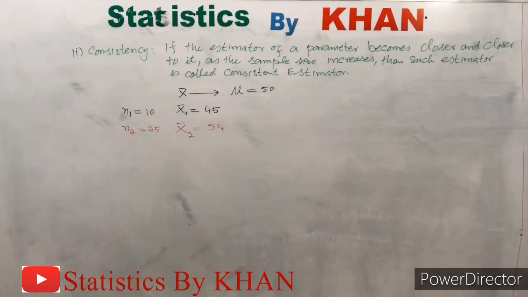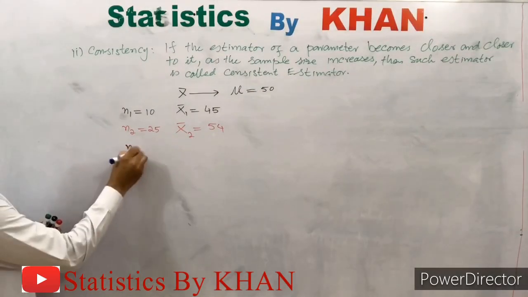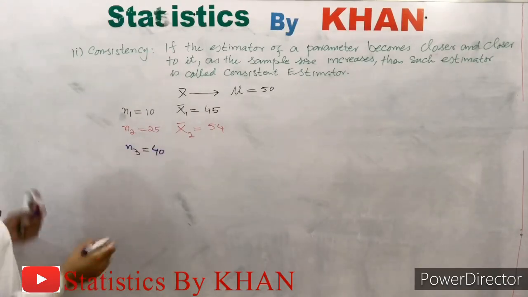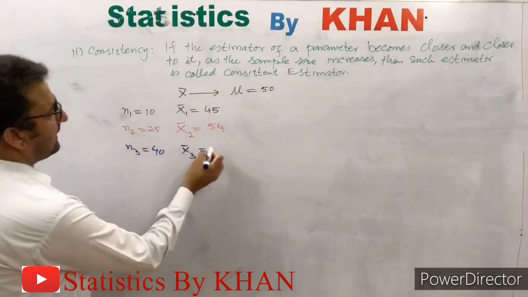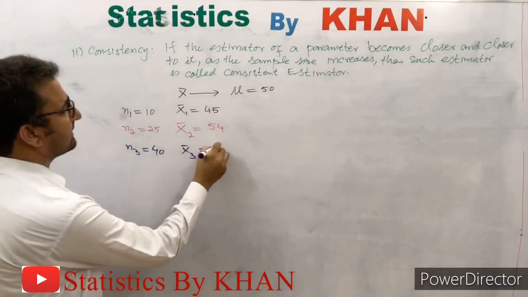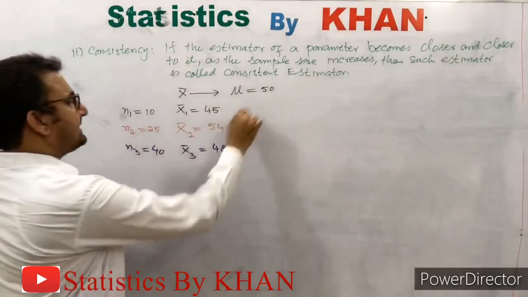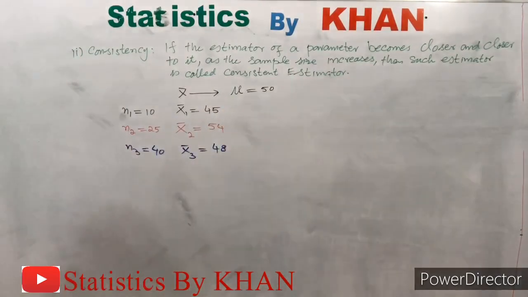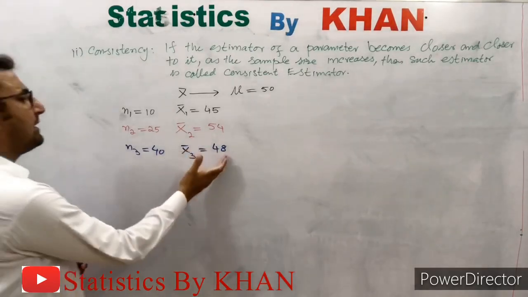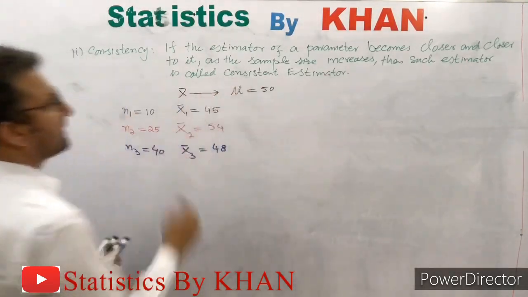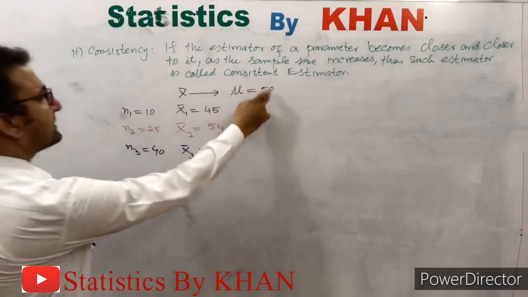Suppose next we took another sample n3 of 40 observations and we computed x3 bar, and suppose it gave 48. Now the distance has further reduced, or this estimator further became closer to the population parameter, which is 50.